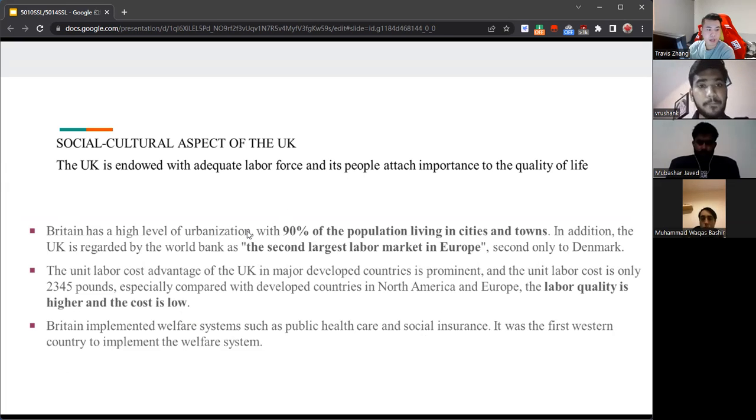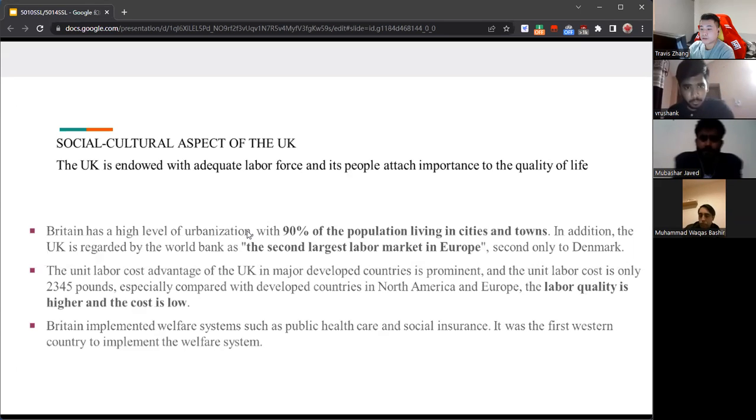Social aspect of the UK. So socio-culturally, Britain has a high level of urbanization, with 90% of the population living in cities and towns. In addition, the UK is regarded by the World Bank as the second largest labor market in Europe, second only to Denmark. The unit labor cost advantage of the UK among major developed countries is permanent, and the unit labor cost is only £2,345, especially compared with developed countries in North America and Europe.